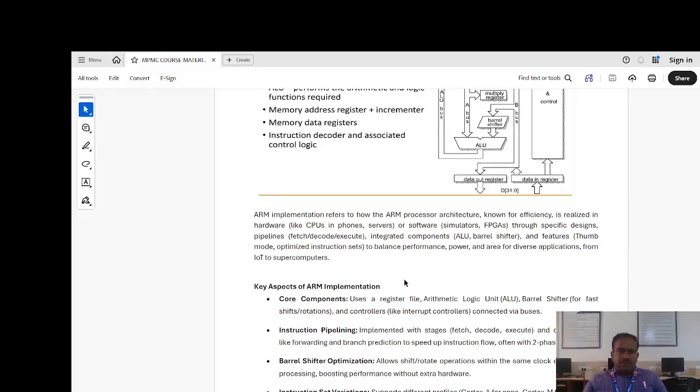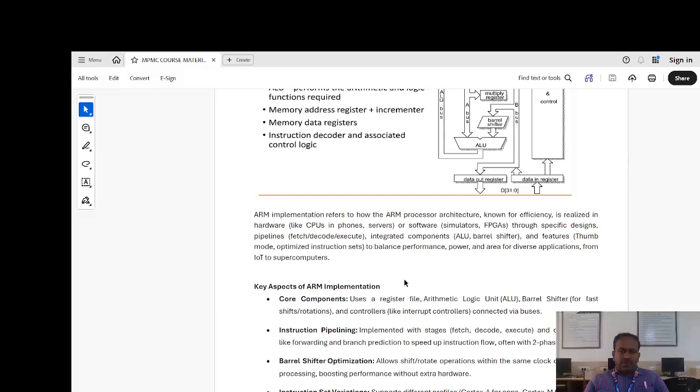These ARM implementations refer to how the ARM processor architecture and its known efficiency is realized in hardware like CPUs in phones and servers, or in software. In software, we can use simulators or FPGAs through specific designs and pipelined execution, that is fetch, decode, execute.